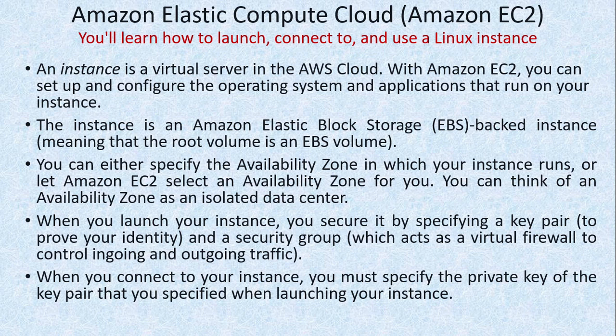The instance is an Amazon Elastic Block Storage EBS backed instance, meaning that the root volume is an EBS volume. You can either specify the availability zone in which your instance runs or let Amazon EC2 select an availability zone for you. You can think of an availability zone as an isolated data center.